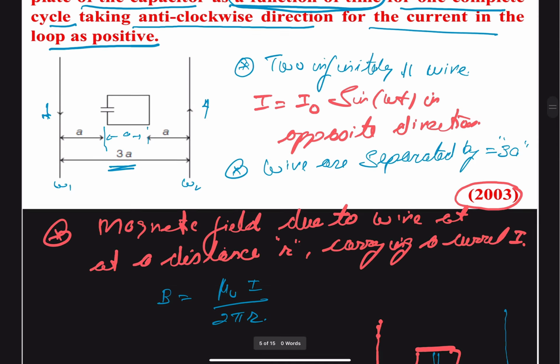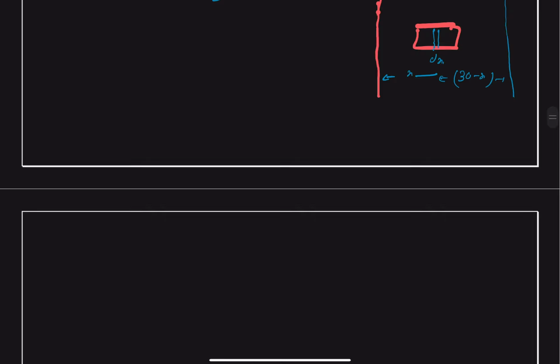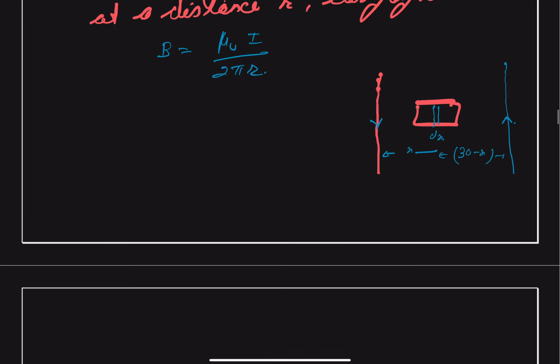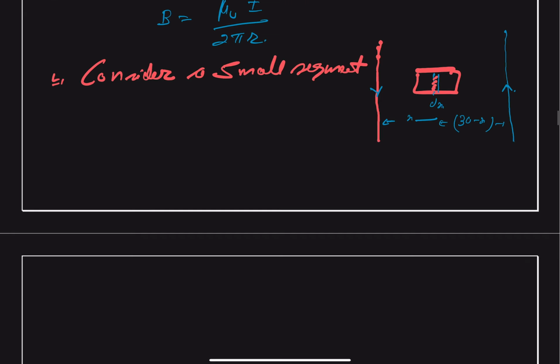The direction of current is downward in one and upward in the other. So consider a small segment of width dx on the loop.